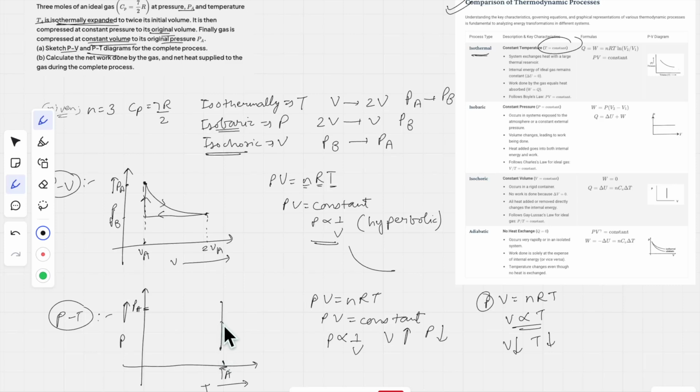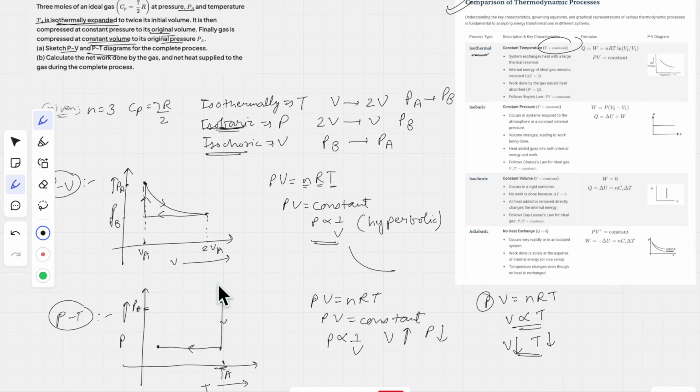Cool. Then since volume is decreasing, temperature will also decrease. Temperature will decrease like this. Pressure will remain constant because it is an isobaric process. So pressure will remain constant and temperature would decrease. So it would be something like this.